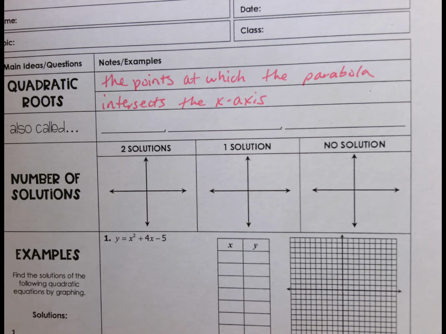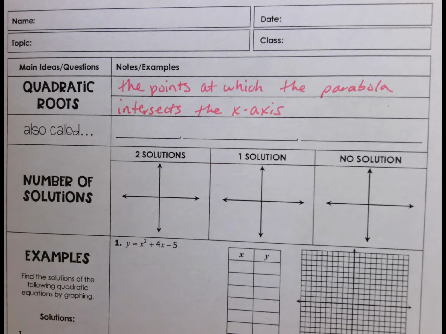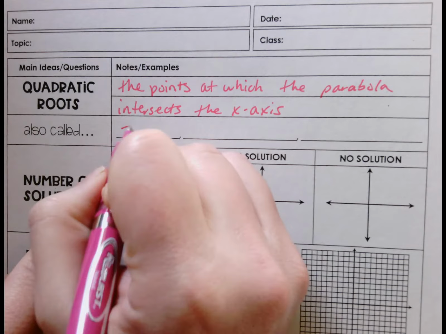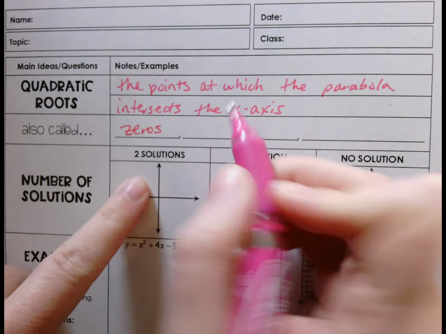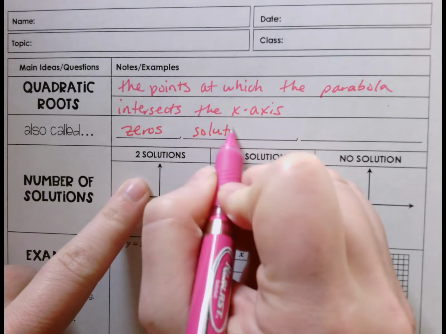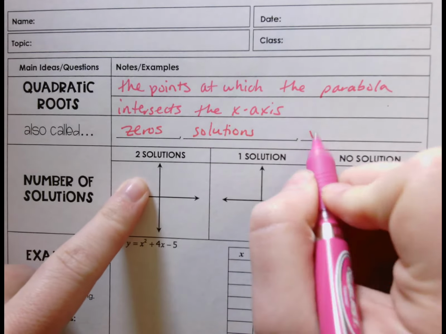The thing with a parabola is that sometimes it crosses more than one place. Sometimes it crosses once, sometimes it crosses no times. So we have to look at that to decide how many solutions we're going to have. Now, roots is not something that you normally hear a solution called. More often than not, you're going to hear it called zeros, solutions, or x-intercepts.